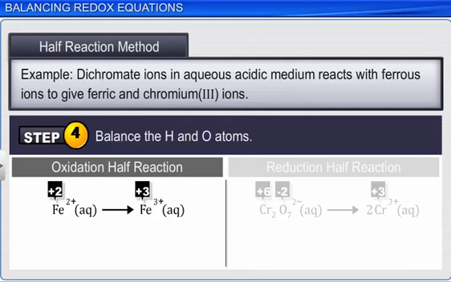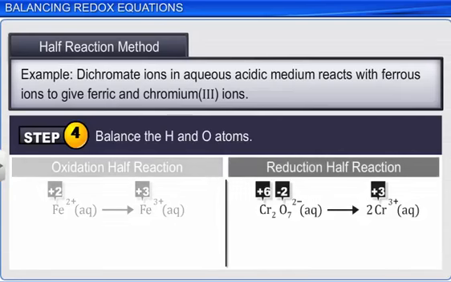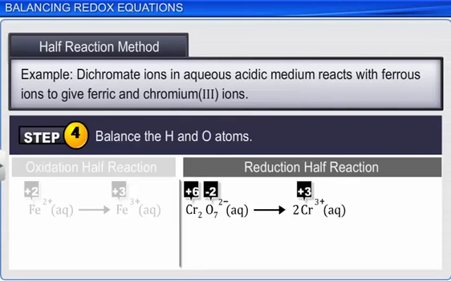But in the reduction half, you can see that there are 7 oxygen atoms on the left-hand side, but no oxygen atom on the right-hand side. As the reaction occurs in acidic medium, to balance 7 oxygen atoms on left-hand side, we add 7 H2O molecules on the right-hand side.